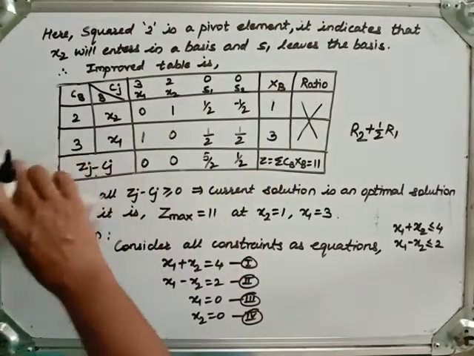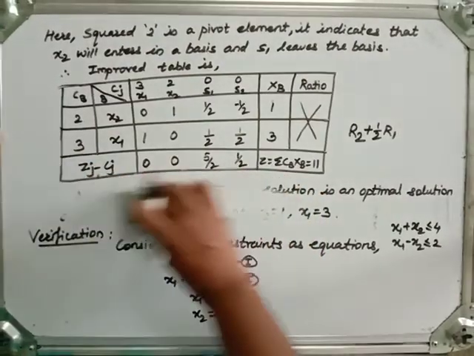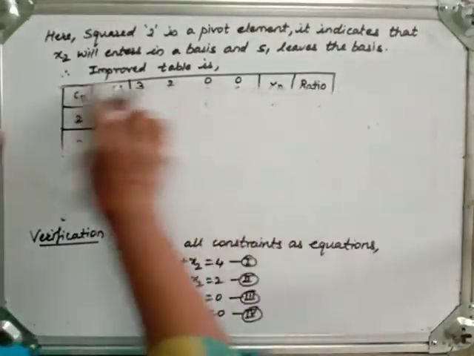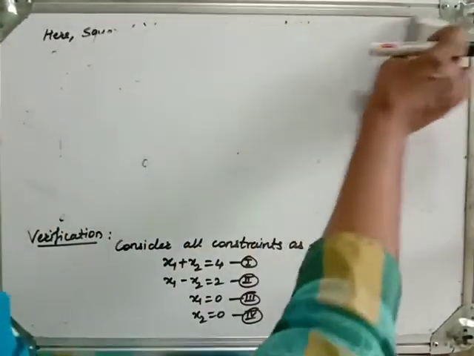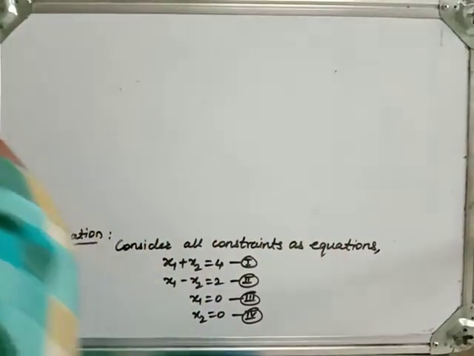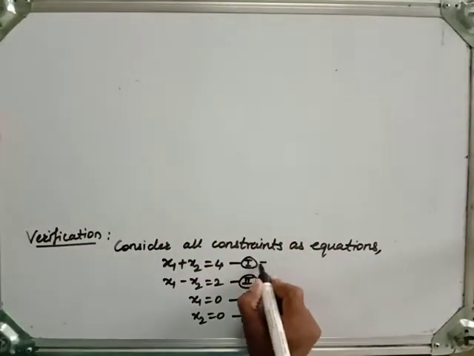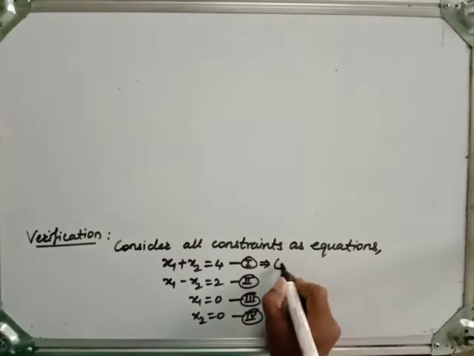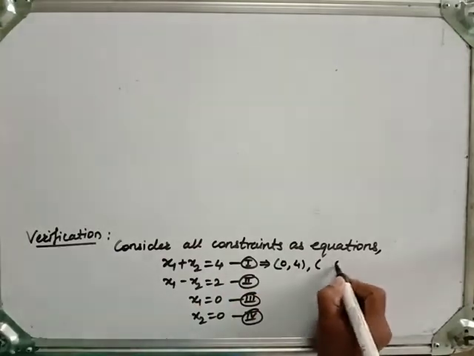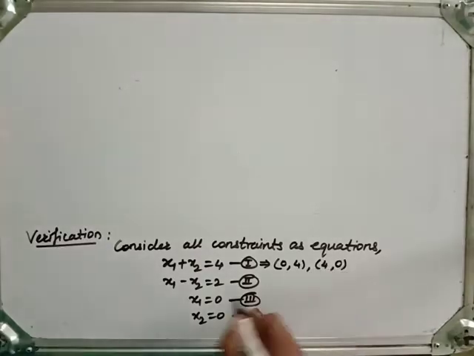Now let us find out at least 2 points of each one, as we have to plot these constant equation on a graph or in a two-dimensional plane. So let us find 2 points of them. So if I take x1 0, I get x2 is equal to 4, and if I take x2 0, I get x1 is also 4.